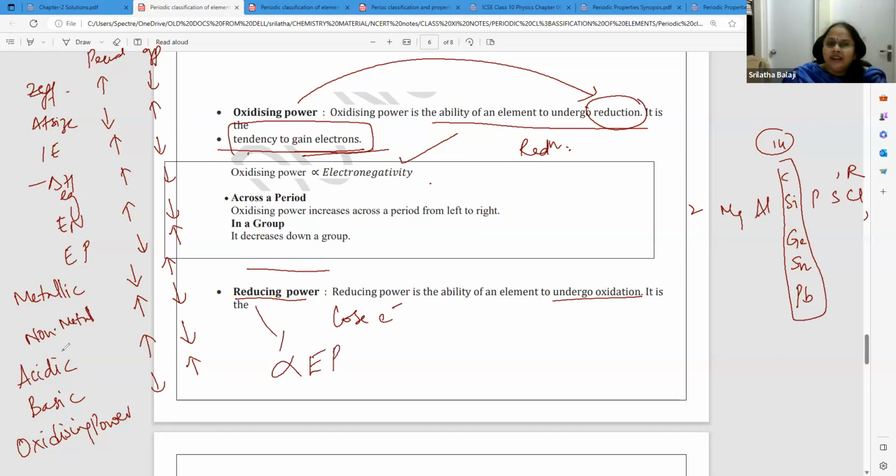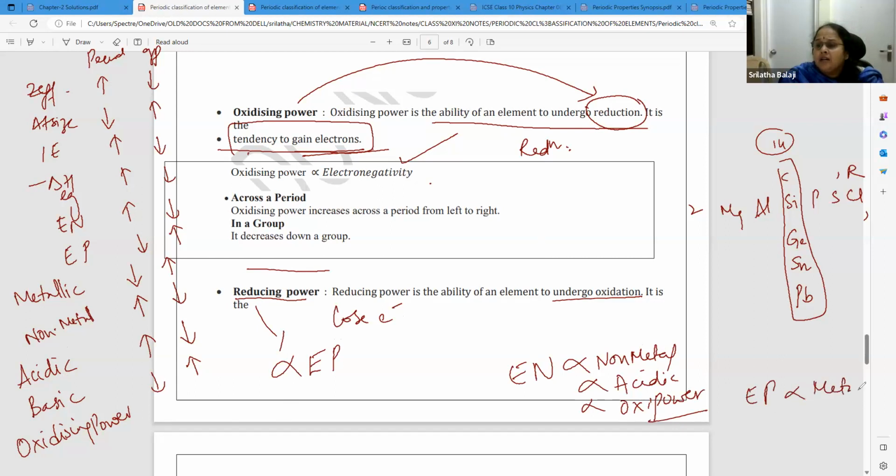Now all these are interrelated. Electronegativity is related to what? Non-metallic character, acidic property, oxidizing power. Can you see now? And electropositivity, opposite: metallic, basic, and reducing. Clear? That's why metals are very good reducing agents.